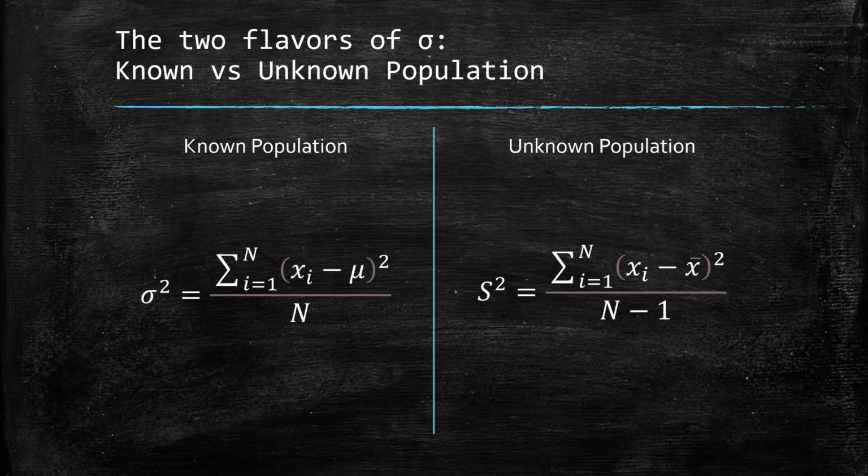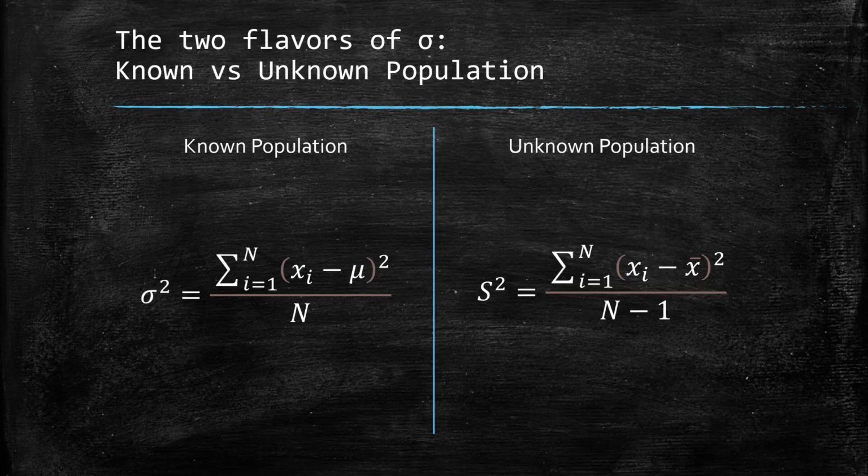When the population is known, you use sigma. When the population is unknown, you use s. Why? Some mathematician thought it was better to use the s because s for sample makes sense. And so we also end up replacing another character in the formula. If you notice here, we get rid of the mu on the known population equation and replace it with x bar.